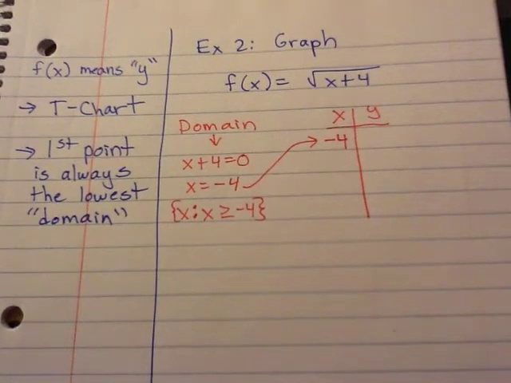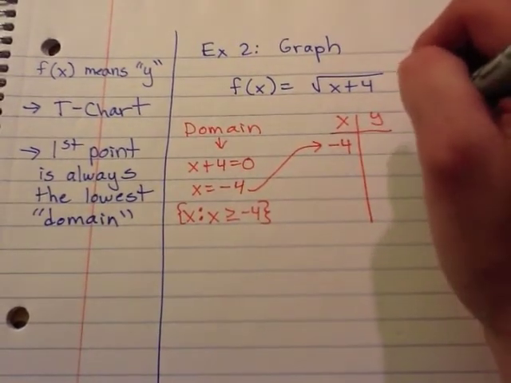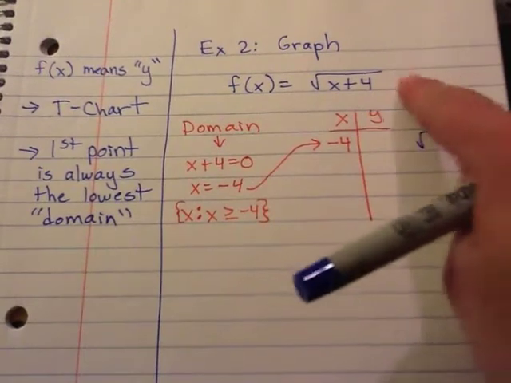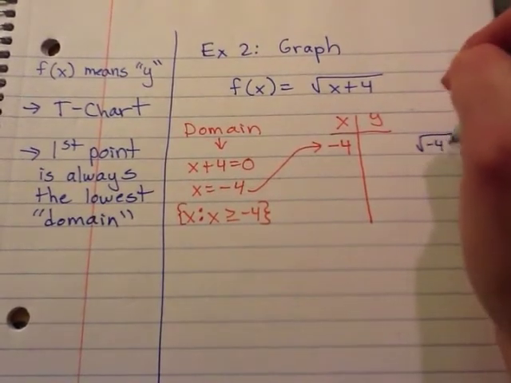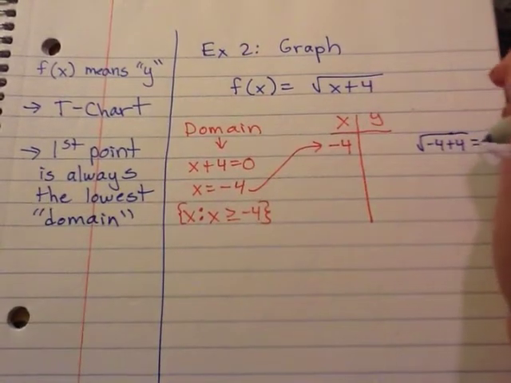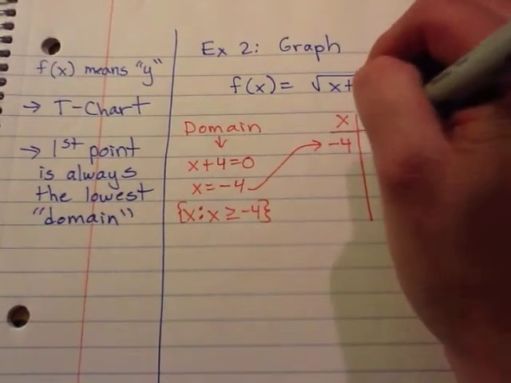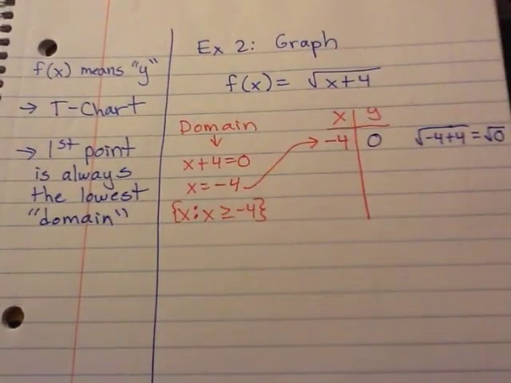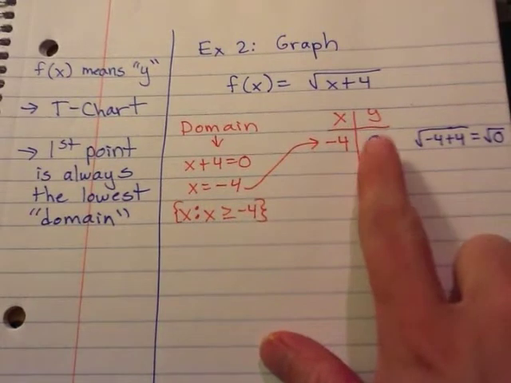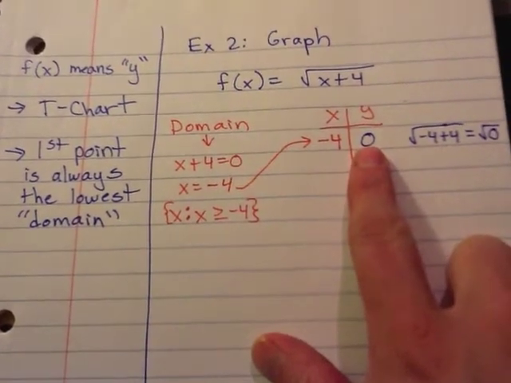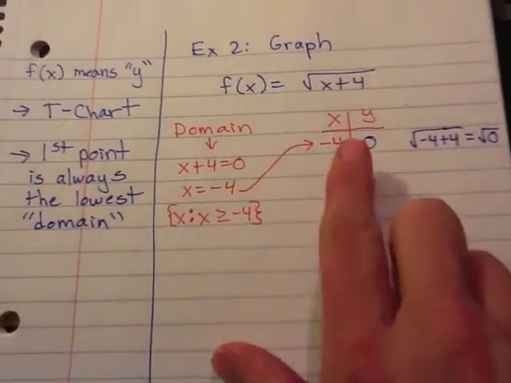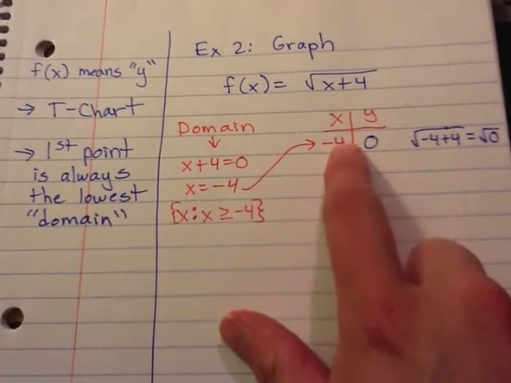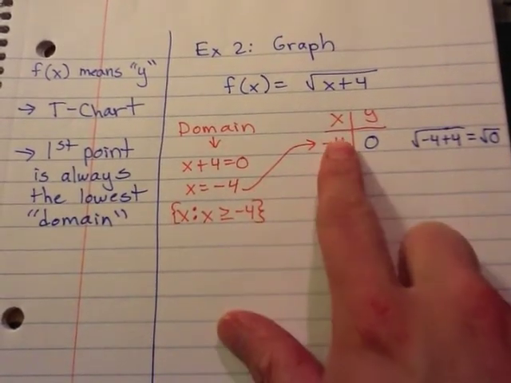And notice when you plug in negative 4, because we had no value here, we get square root of 0, which is 0. Okay, that just gave you your range. It's almost exactly like those quadratics. Domain is based on here. We found the domain.